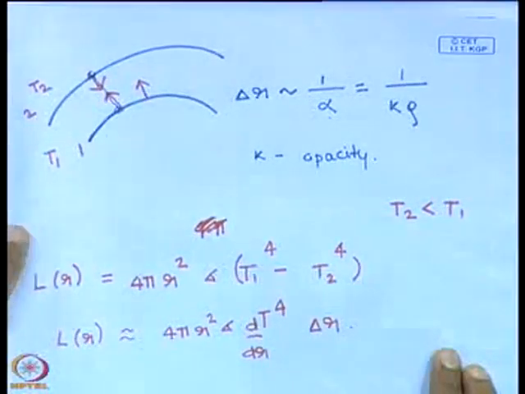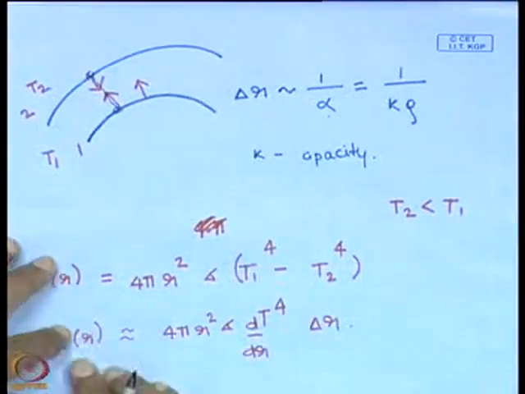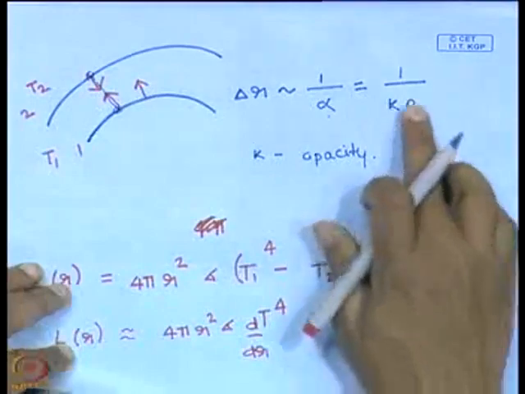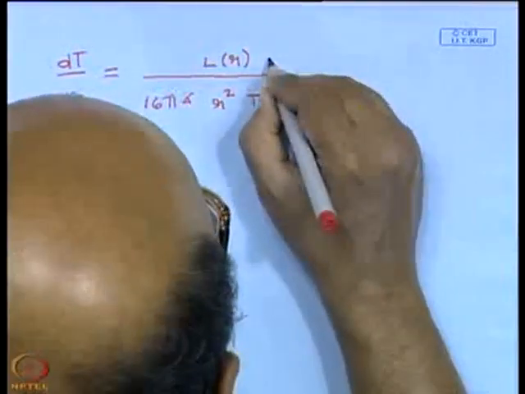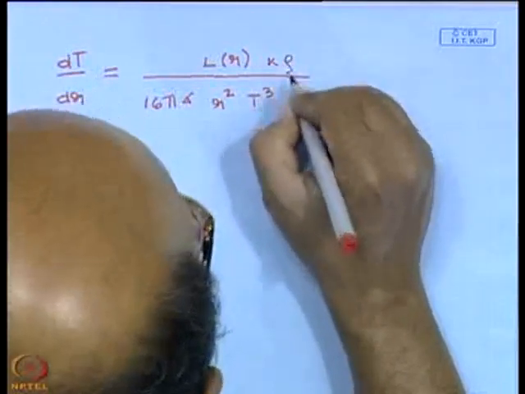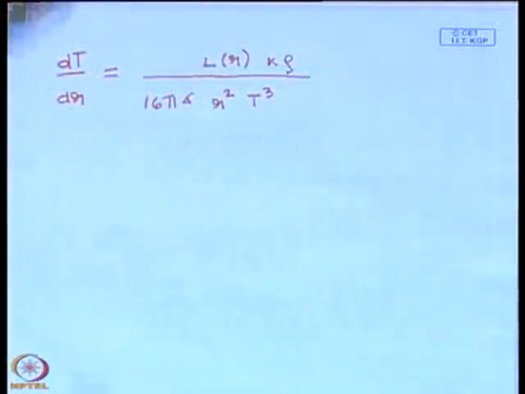Okay. So we have 1 by delta r, so we have to multiply with kappa and rho. This gives the temperature gradient in the sun, in a star.